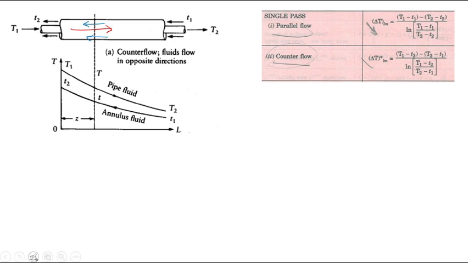Here also note that the cold fluid, small T1, enters at a temperature of 30 degrees Celsius, flowing in this direction, and leaves at a temperature of 200 degrees Celsius.